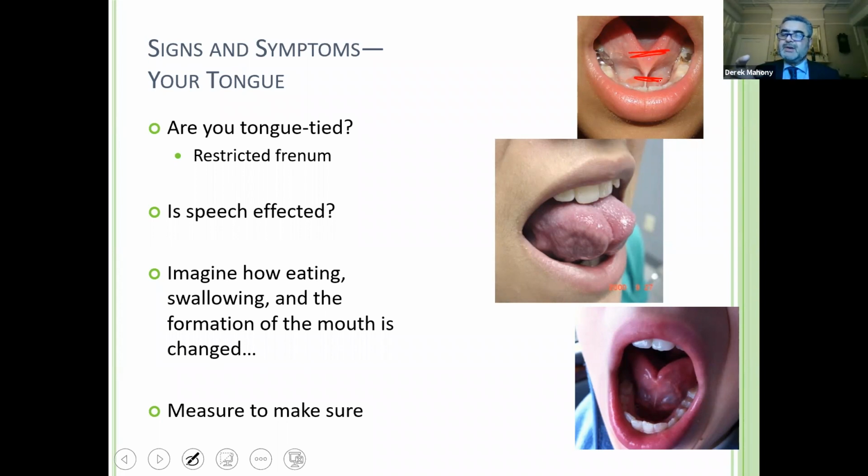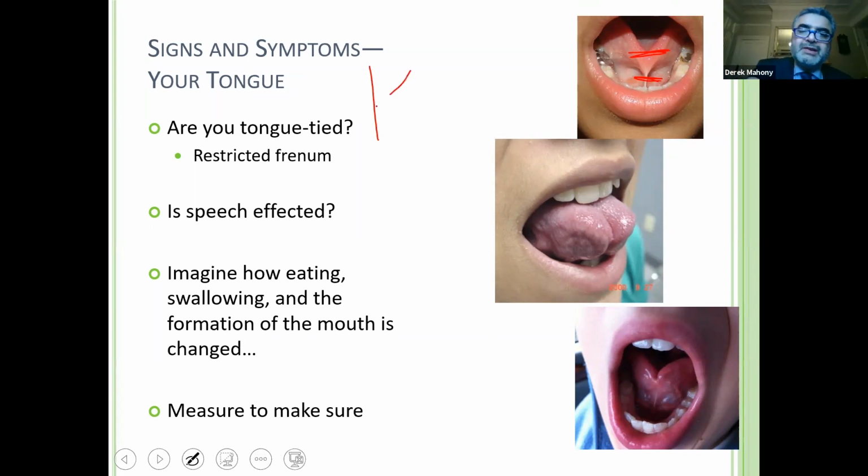That's one measurement. The other is the measurement by Audrey Yoon, where you put the tip of your tongue up here and you open as wide as you can. Now, if the kid releases their tongue at less than 50% of their opening, that's a functional tongue tie, known as ankyloglossia, right? So it's really important that in your exam on all your speech patients, you do these 2 tests.